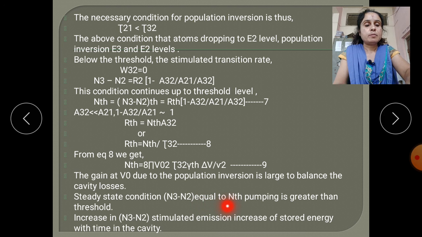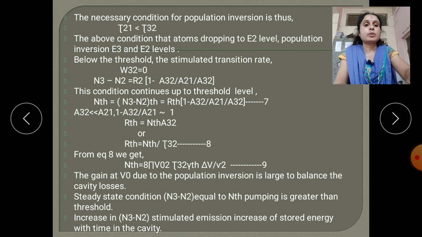That can be equal to the pumping greater than the threshold, so the population inversion in level N3 minus N2 increases, and stimulated emission can take place, increasing stored energy within the cavity of resonance.